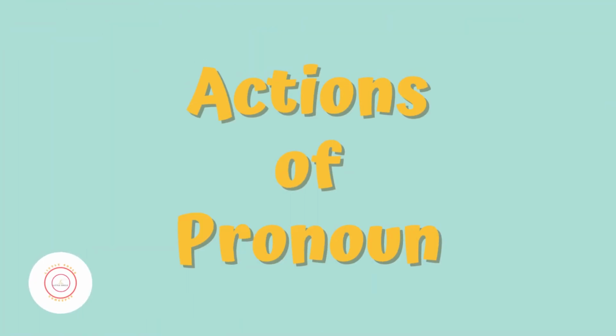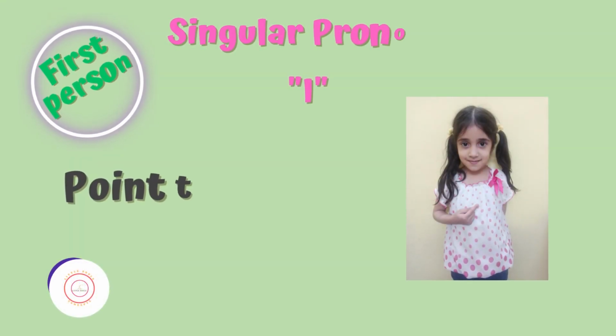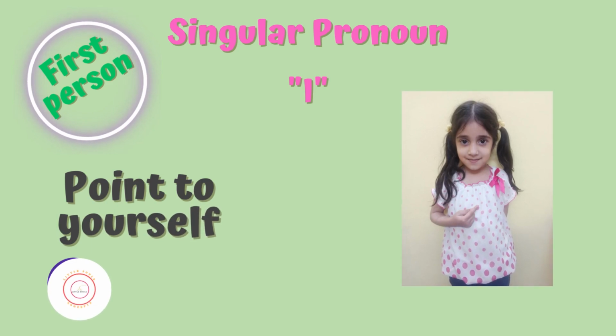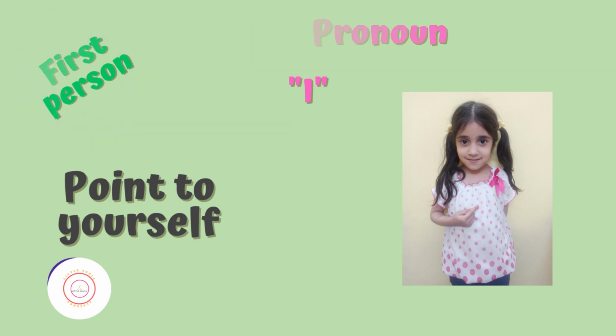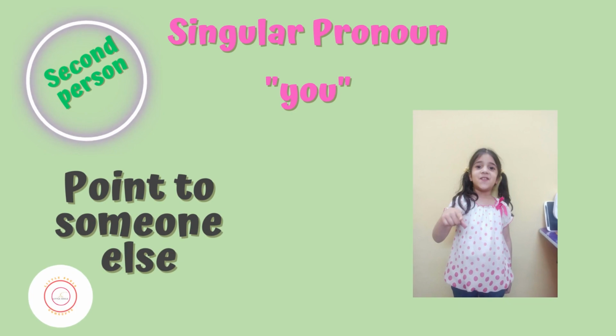Let's see actions of pronouns. I. Just point your finger towards yourself. This is a first person pronoun and it is a singular pronoun. You is the second person pronoun and it is a singular pronoun.